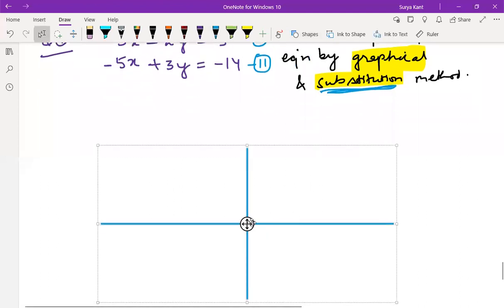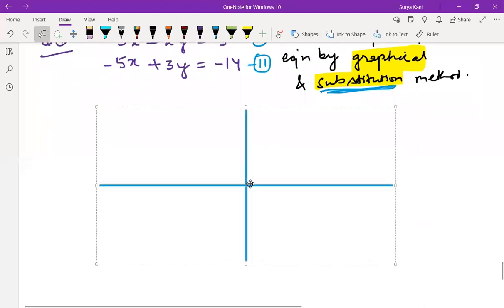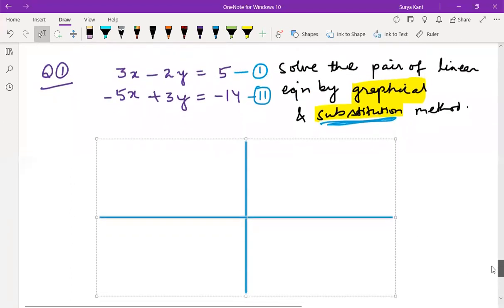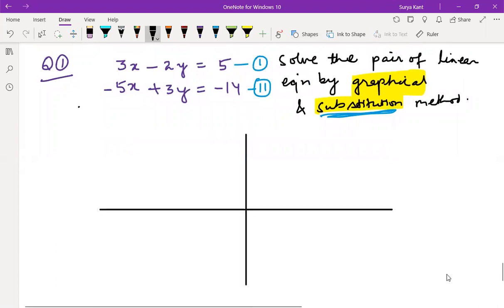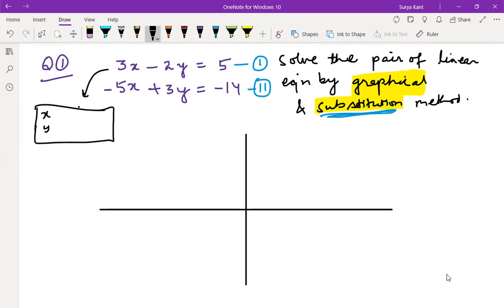I'm solving. Sir, if we're getting 5 equals to 5, are we supposed to get x equals to something, sir? See, for the graphical method, we have to take this equation first. What should you write here? x and y, right? Here you will write x, here y.